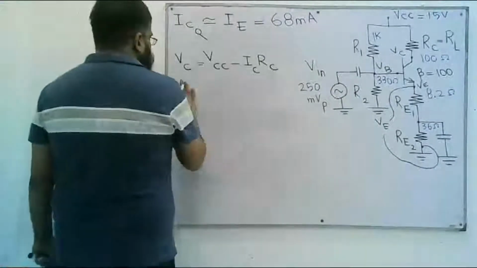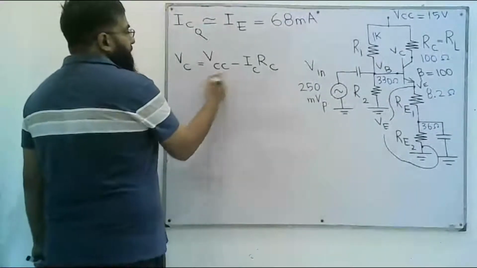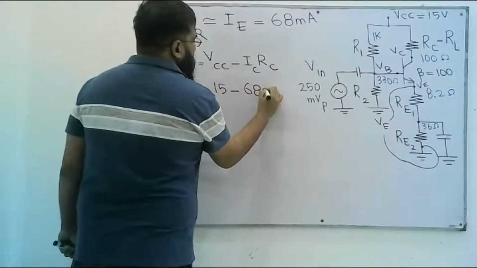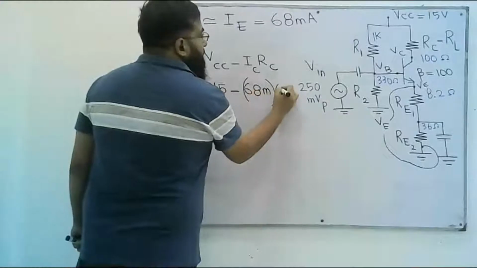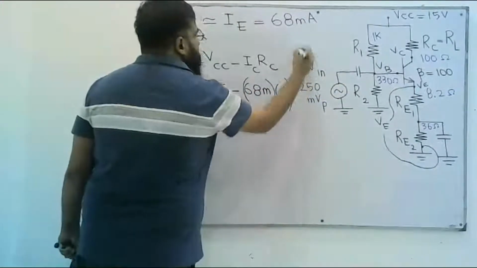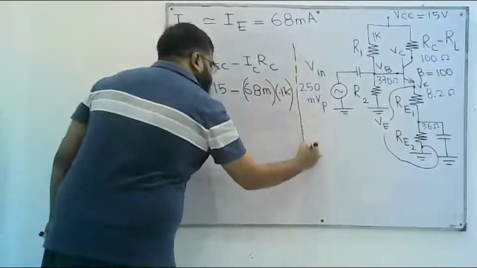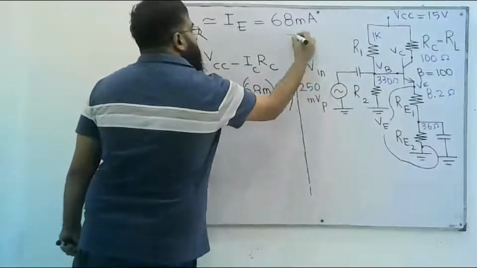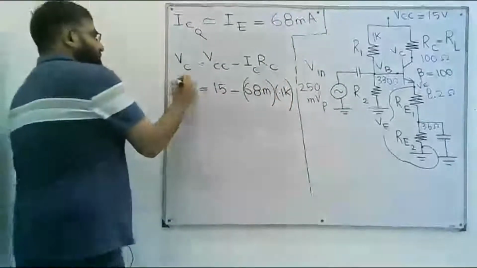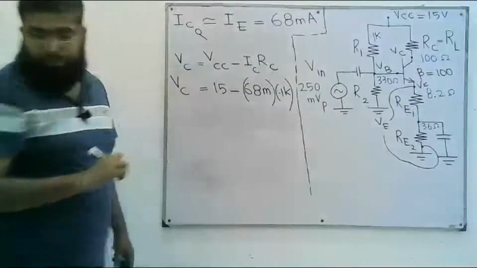So VC would be 15 minus 68 milliamperes times 100 ohms. 100 ohms can also be written as 0.1K. So this gives us VC.